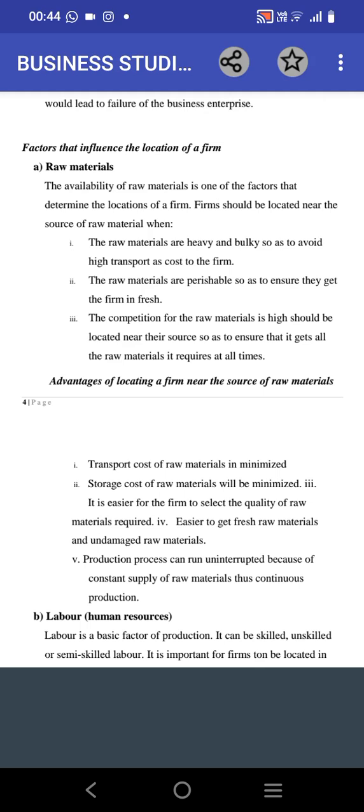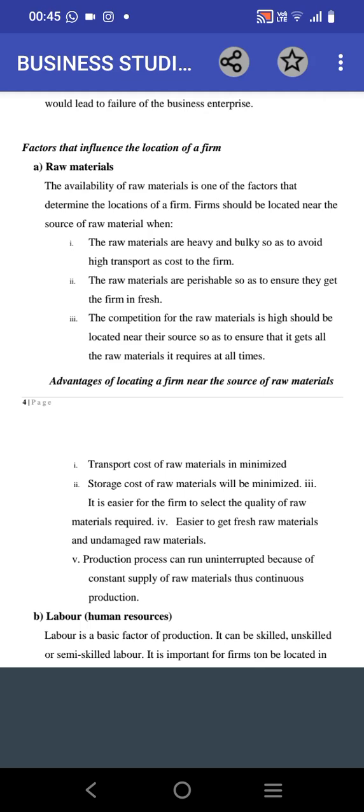It is easier for the farm to select the quality of raw materials required, so you cannot be fooled. You get fresh and good quality raw materials.